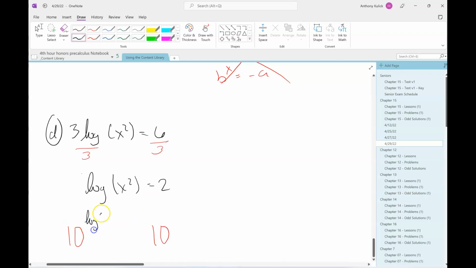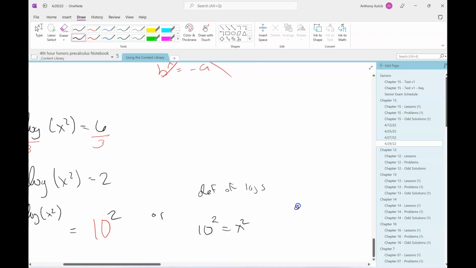That's okay to think about it that way. Or you could use the definition of logs to rewrite this as 10 to the second is equal to x squared.